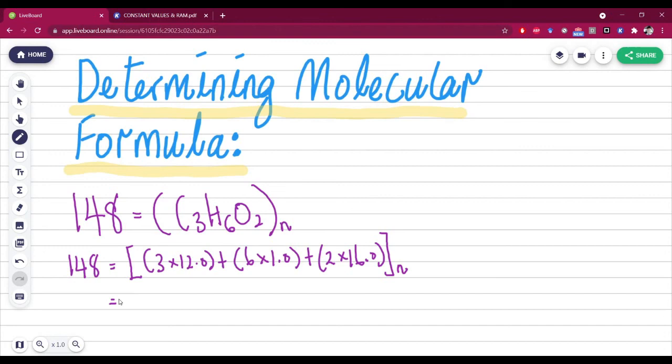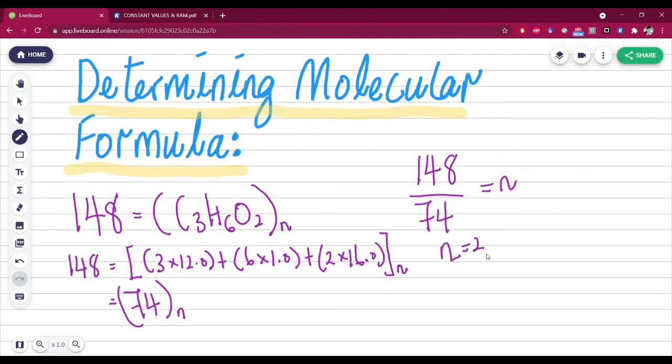You have 3 times 12 plus 6 times 1 plus 2 times 16, then you get 74. Okay. And compare with 148, then you have 148 divided by 74, then you get your n. So 148 divided by 74, you have 2. So n equals to 2.